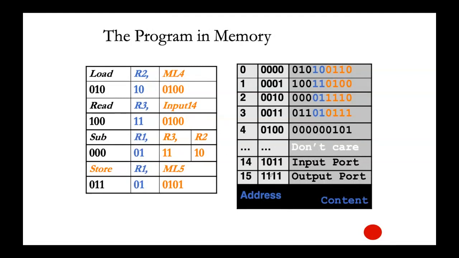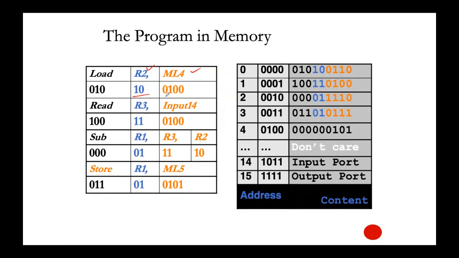Now see, in the main memory, the memory allocation part. The first instruction is to load the content of memory location 4 into R2. The binary code given to it, the 3-bit opcode, is 010, and R2 is represented as 10.